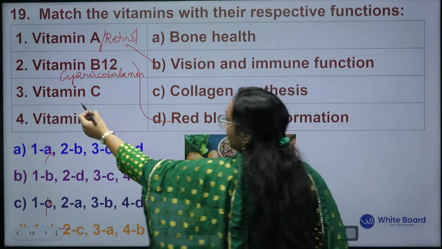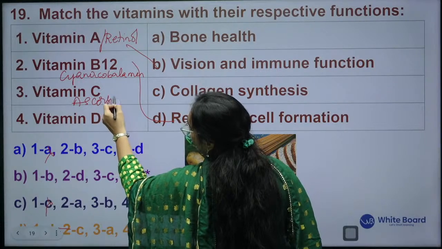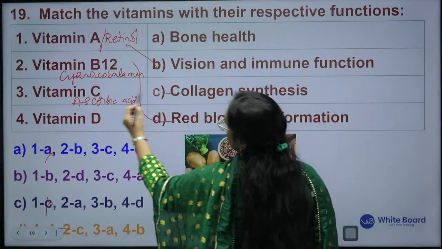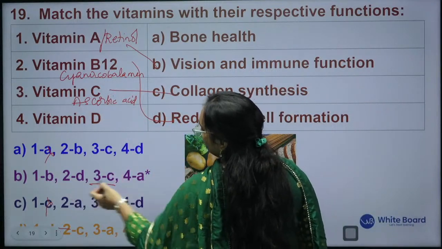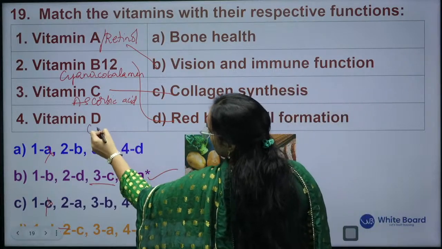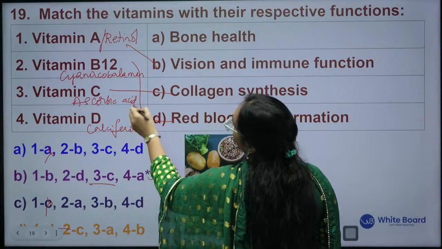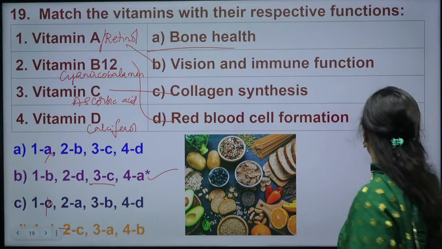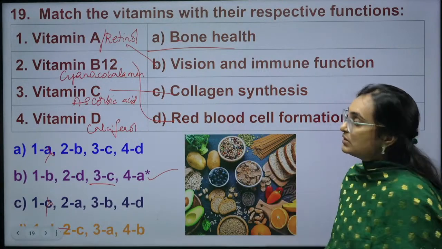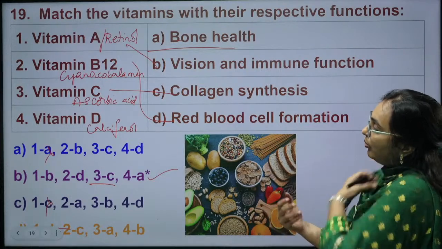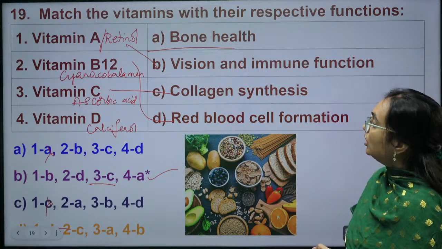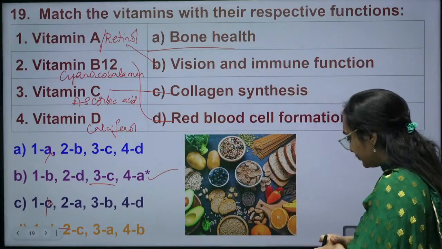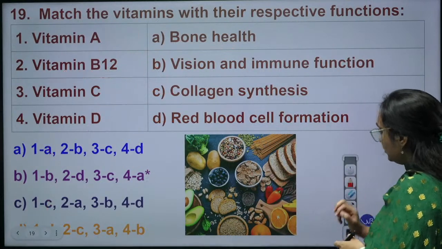Vitamin C is ascorbic acid, useful for collagen synthesis. So 3C, 2D, this is the option. 4A: vitamin D, calciferol, is used for bone health maintenance. Vitamin C is collagen synthesis, vitamin B12 is red blood cell formation, vitamin A is used in vision and immune functioning. So the correct answer is B. Next question.